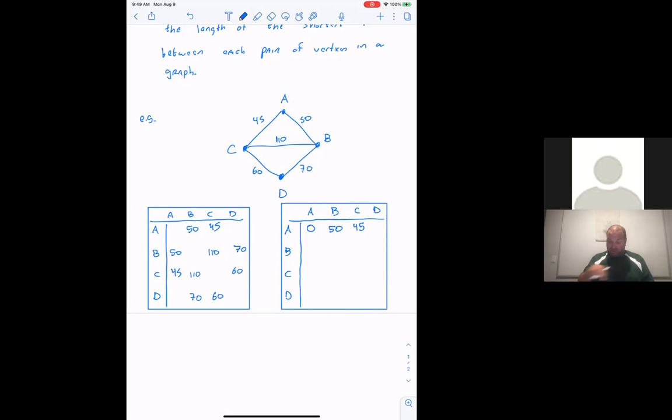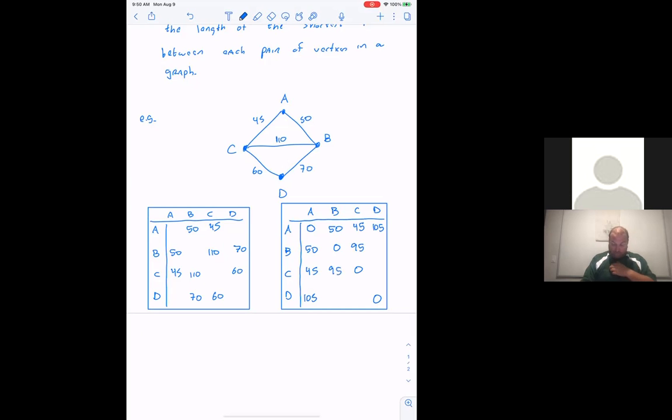Any other route would have to cross 110 or do repeats, so clearly 105 by inspection. Of course, we have symmetry, so let's fill those in here. And these are zeros, we can fill them in. B and C. Well, the direct route from B to C is 110, or I can go down, which is 130, or I can go up, which is 95.